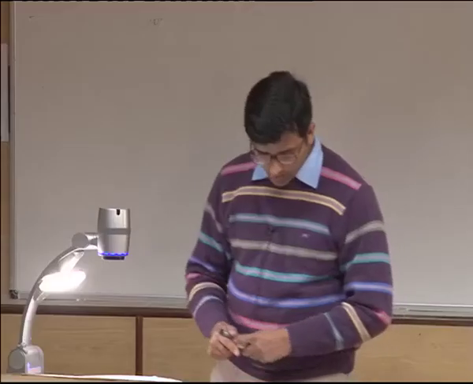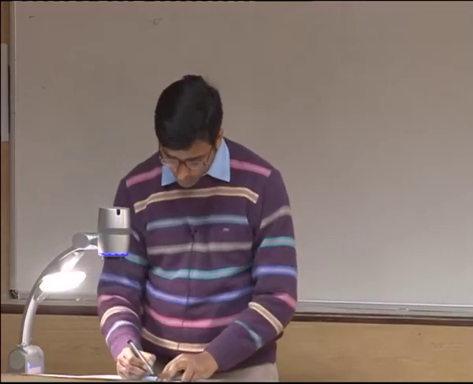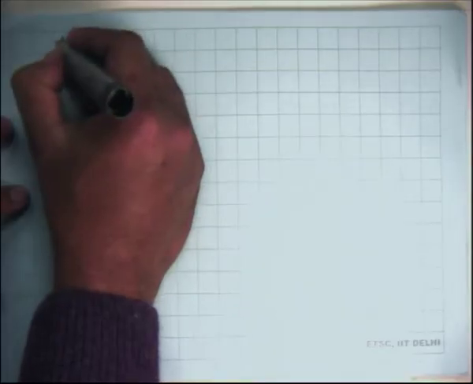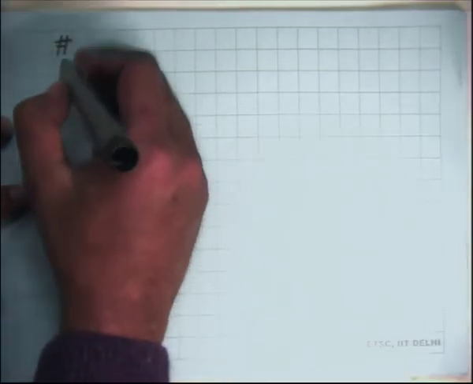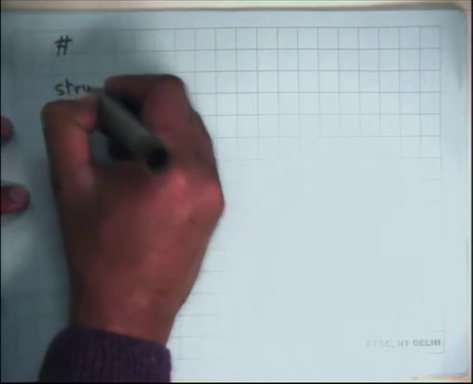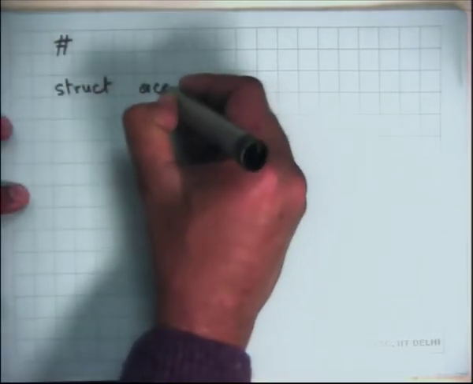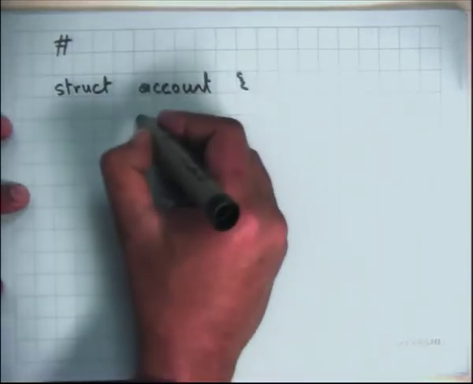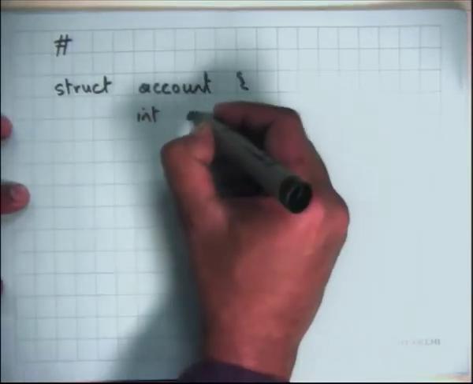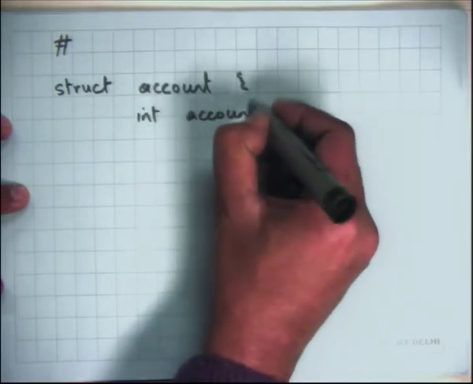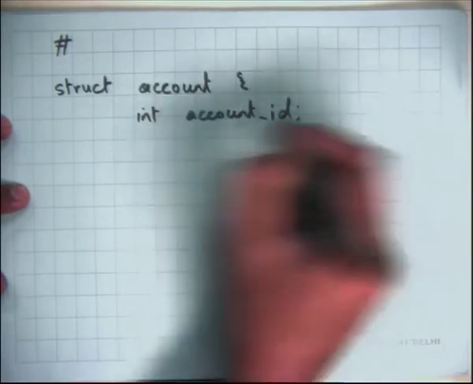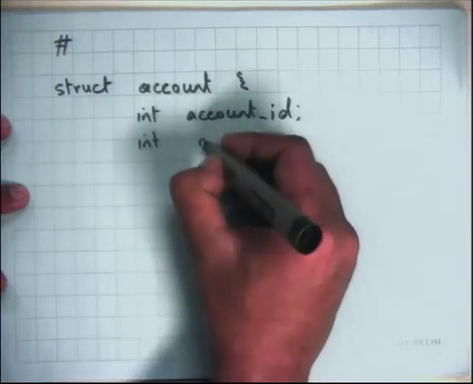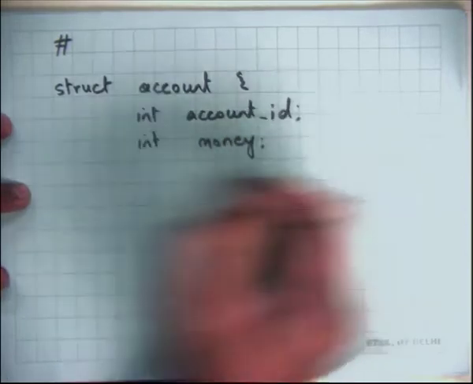All right. So let's take this code, and let's say I am a bank, and I'm holding these accounts. Let's say I define this type called struct account, and each account has an account ID or account number, and how much money there is in the account.